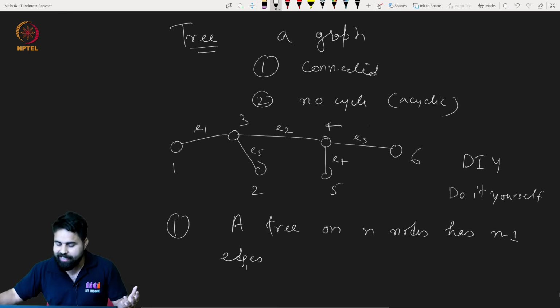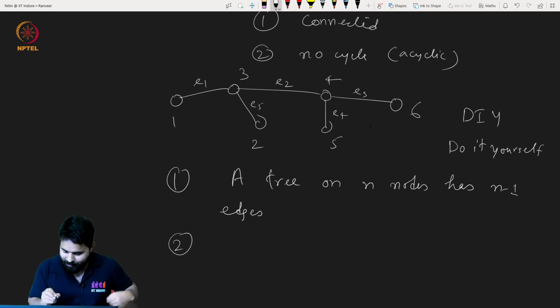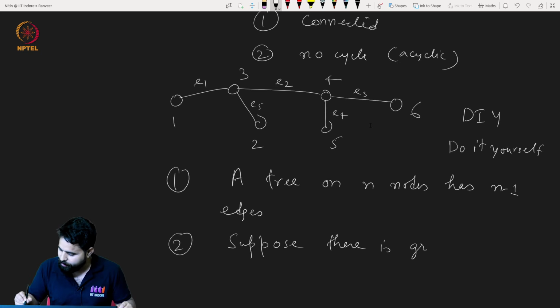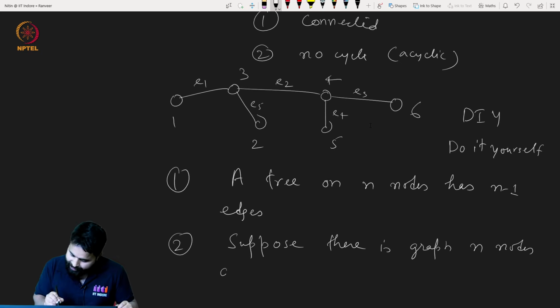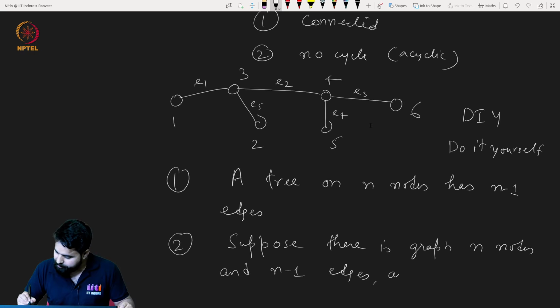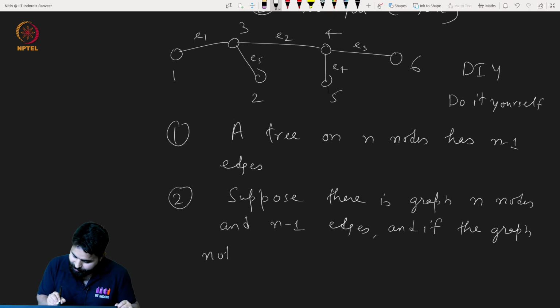Another DIY is: suppose there is a graph on n nodes and n minus 1 edges, and the graph is not a tree.